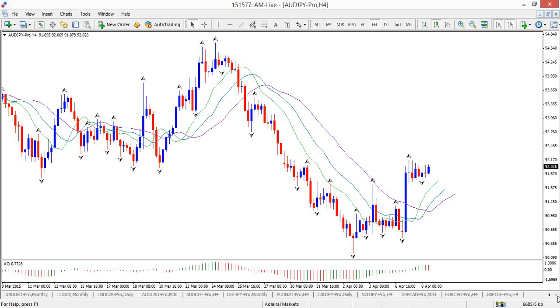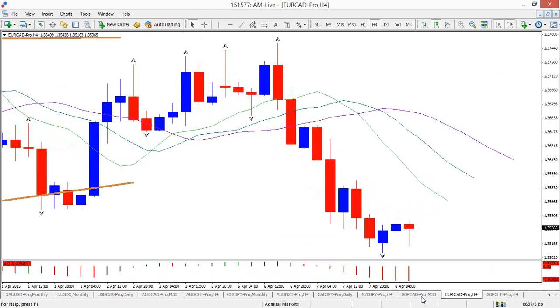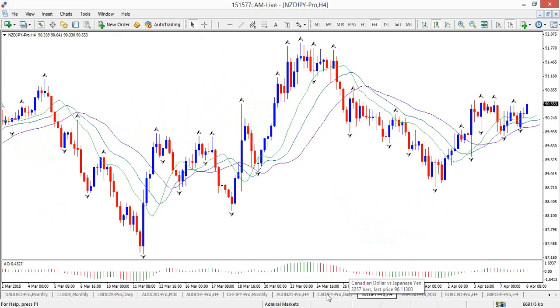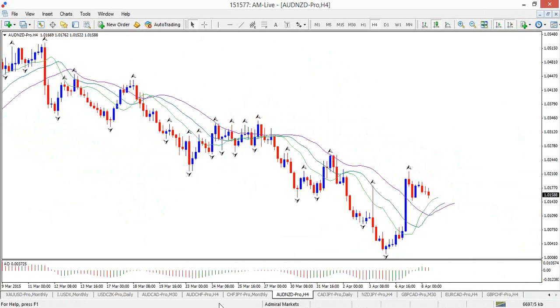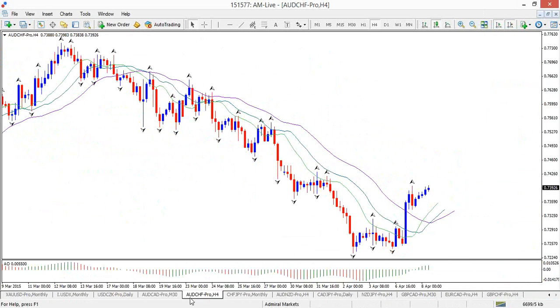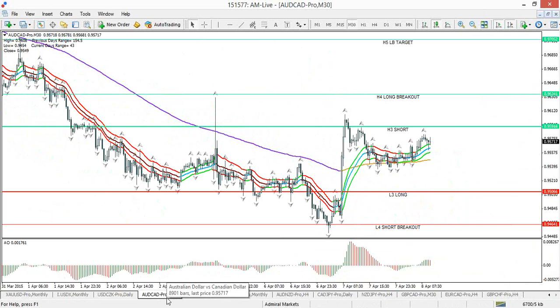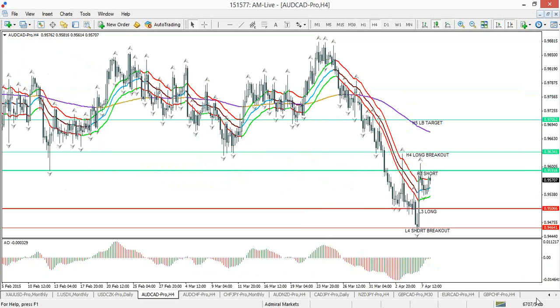I don't think that others make sense at this moment. The Kiwi is reversing against the CAD and Swiss franc, so that's not really that well lined up.